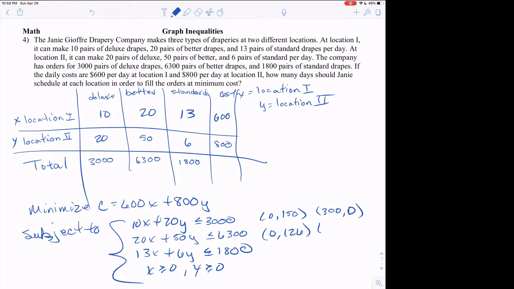And 6,300 divided by 20 gives us 315, 0. For this one, 1,800 divided by 6 gives us 0, 300. And 1,800 divided by 13 is our x-intercept, about 138.4. All right. Sorry.